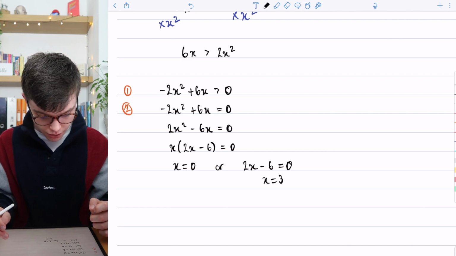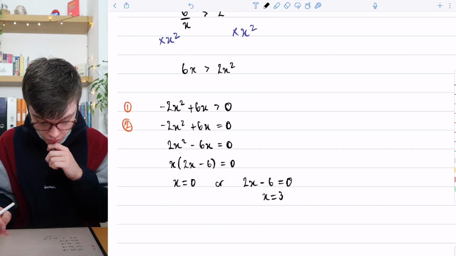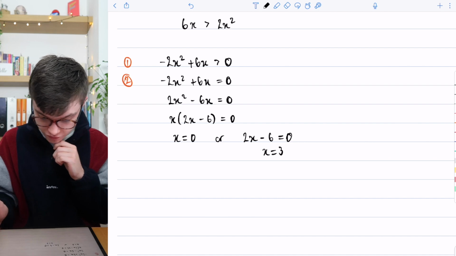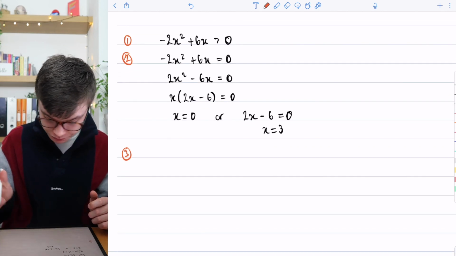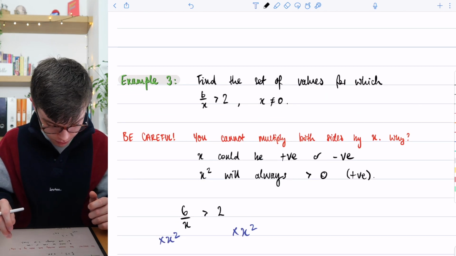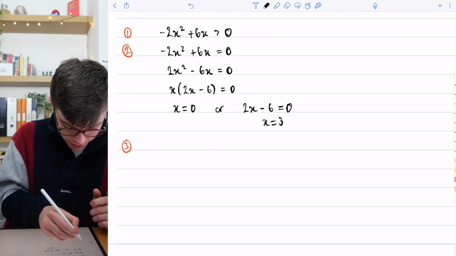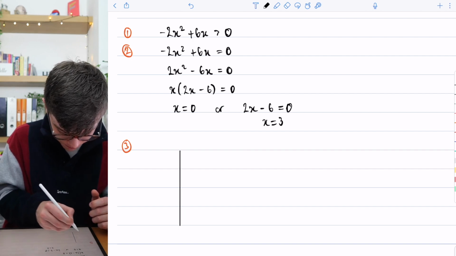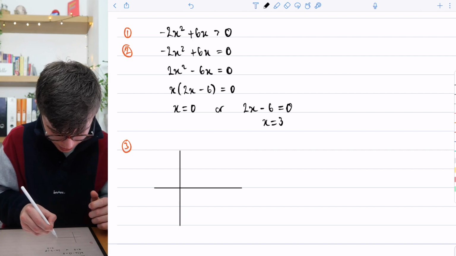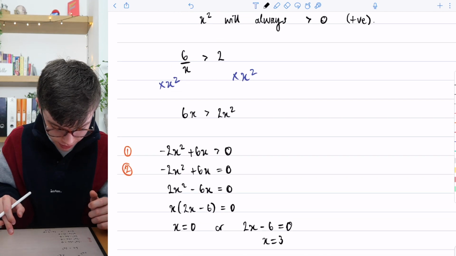Okay, so those are my roots here, and then part 3 is that we need to sketch that. So is it a positive or negative quadratic?